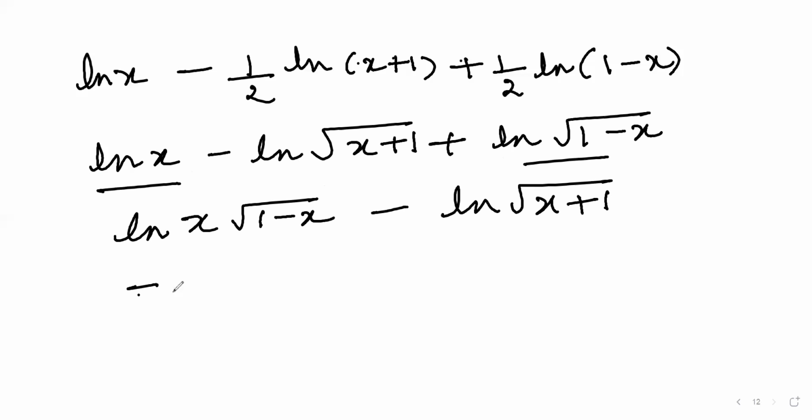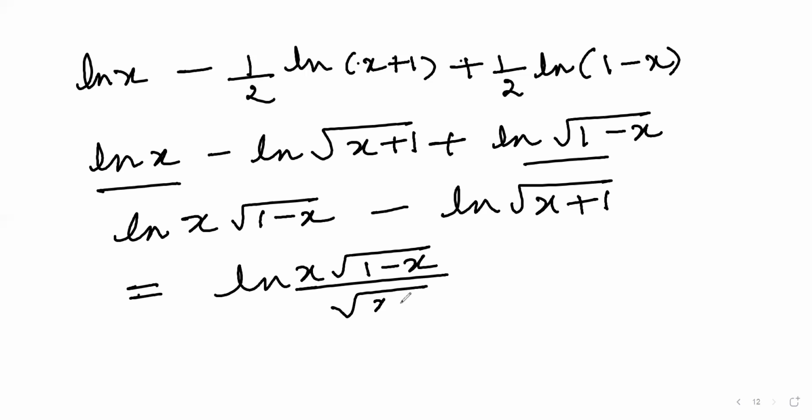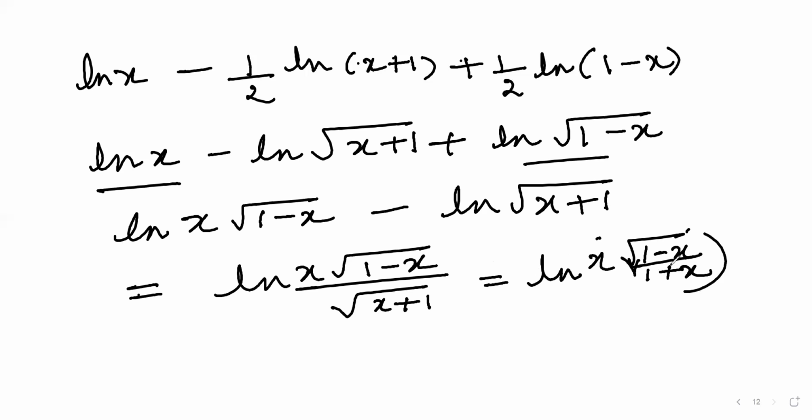Log a minus log b is log of a by b. So using that, I can write it as ln of x into root of 1 minus x by root of x plus 1, plus c.